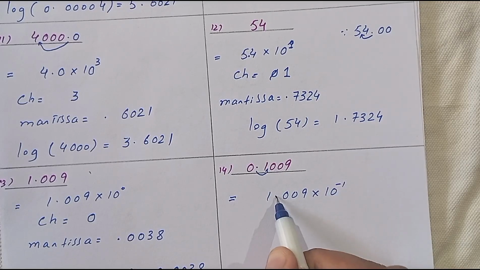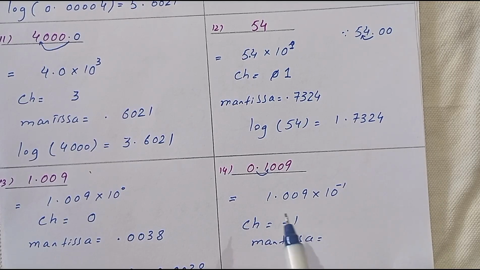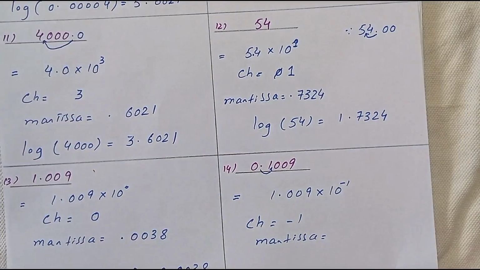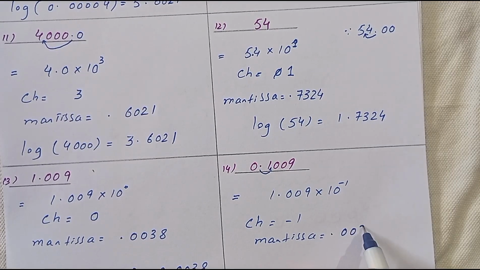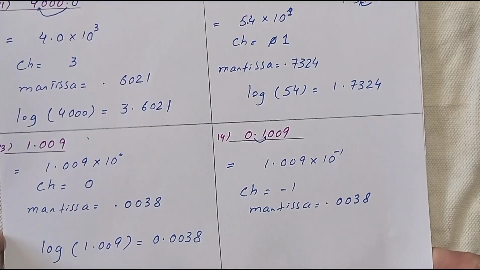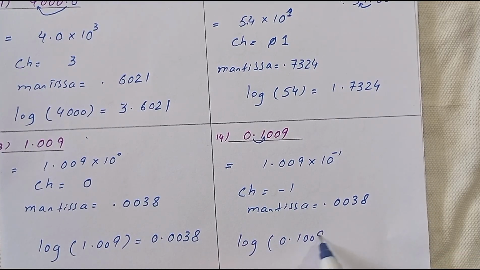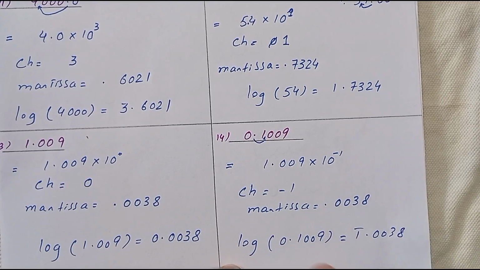So here characteristic equals minus 1, and for mantissa we have to look in the table at the value of 10 in 0 and 9. In the previous part the mantissa remains the same, as we look at 10 in 0 and add the value of the 9 column, that is 0.0038. So combining characteristic and mantissa, the value of log 0.1009 equals, which is the required answer.